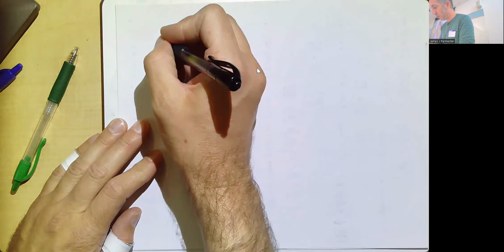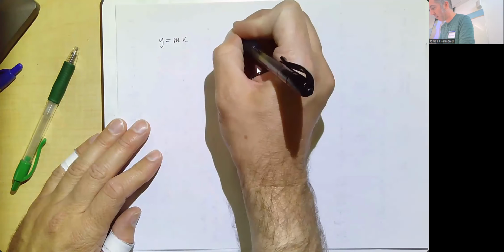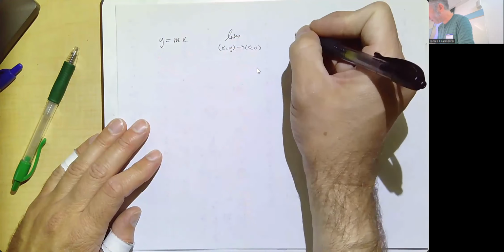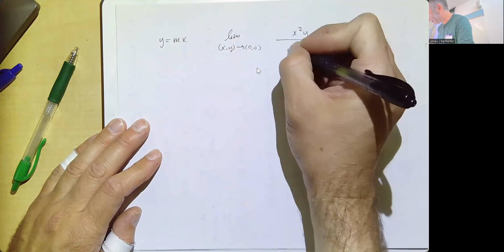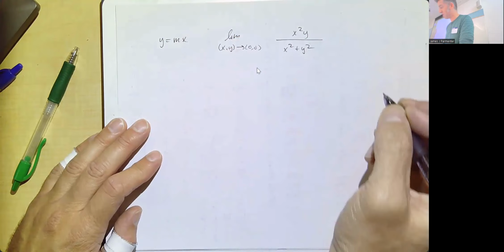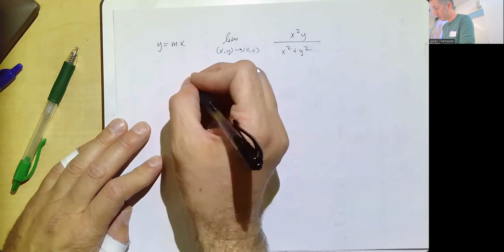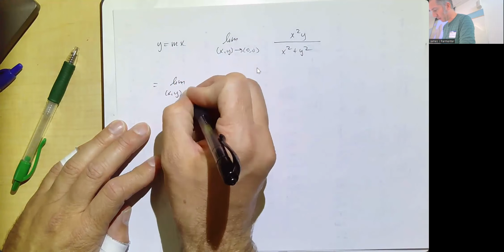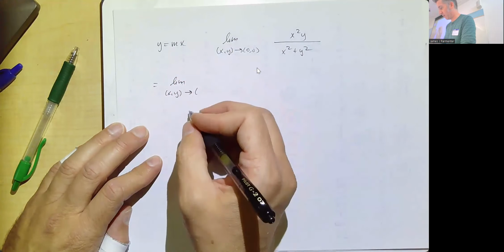So let's try y equals mx, because that's a nice way to see if the limit may not exist sometimes. So if I try letting y equal mx for the limit as x, y approaches 0, 0 of x squared y over x squared plus y squared, I'm pretty sure it's still going to be 0, but let's try it anyway, because I'm pretty sure this limit exists. So we're going to get the limit as x, oh, I didn't need to write x, y approaches 0, 0.